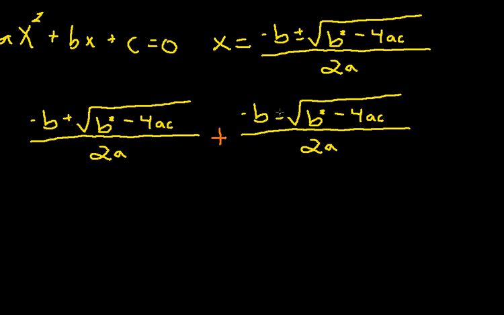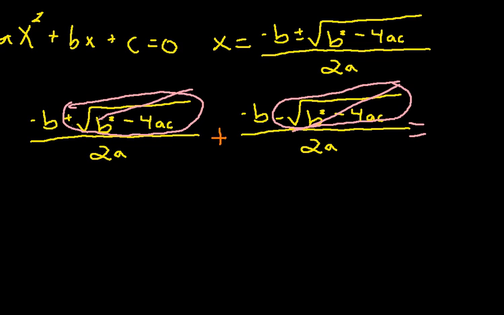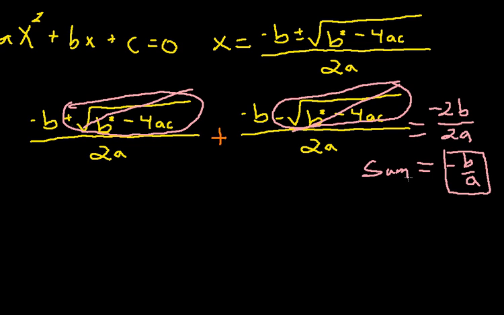We have the same denominator, and the square root part of this fraction cancels out, because one is plus and one is minus, so they cancel out entirely. Then we have the negative b and the negative b, so we have negative 2b over 2a, which equals exactly negative b over a. Okay, so that's the sum of the roots.